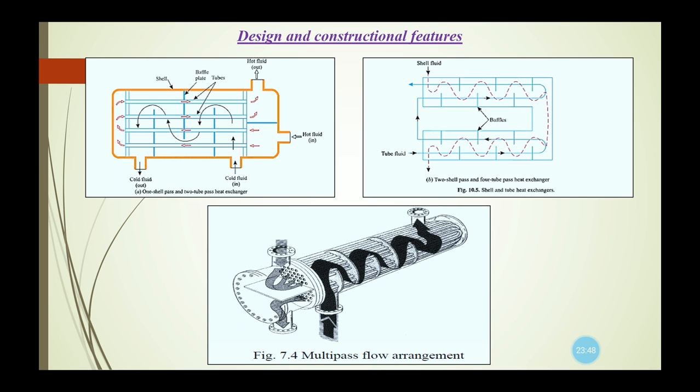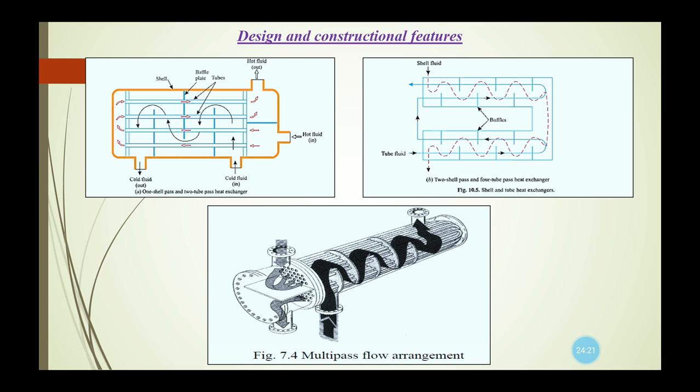So why do we use such type of multi-pass flow arrangement? The main reason for using such design is to increase the average tube side fluid velocity in a given arrangement. Now in a two-pass arrangement, the fluid flows through only half the tubes at any one point, so that the Reynolds number is effectively doubled.